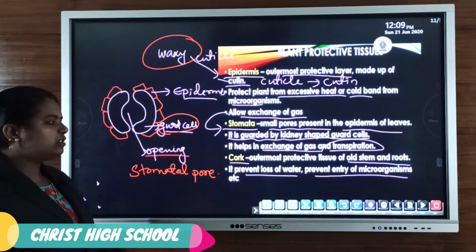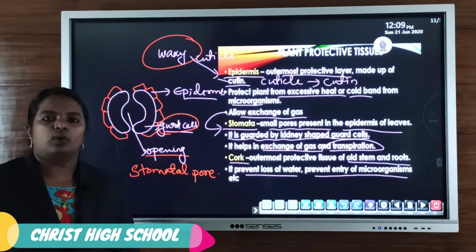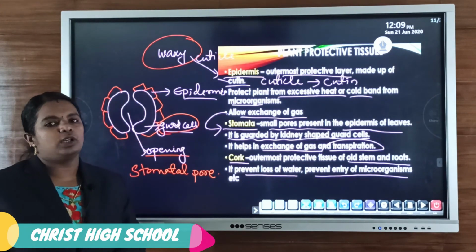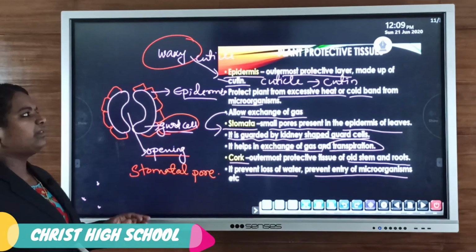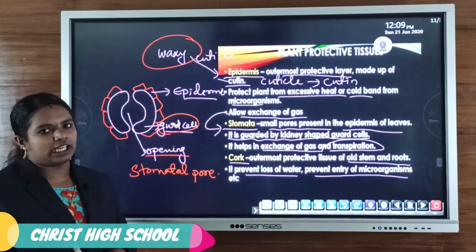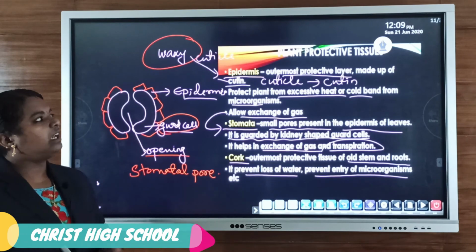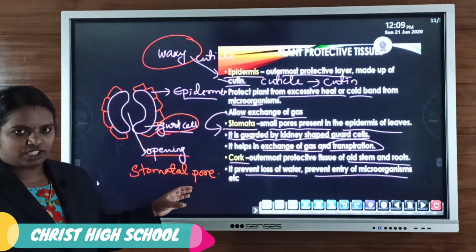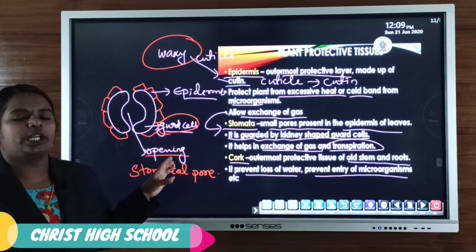Then the last one, cork, is mostly present in old stems as well as roots, and its main function is to prevent the loss of water as well as the entry of microorganisms. In this way, protective tissue is mainly protective in function, helping to protect the plant body.